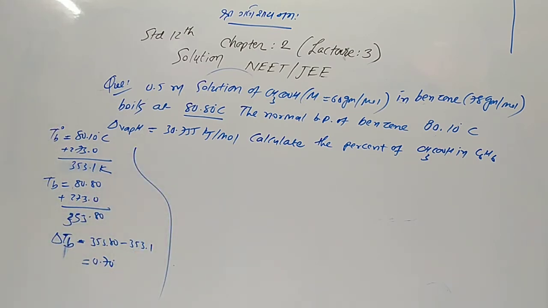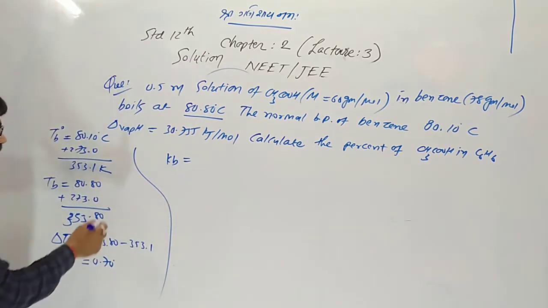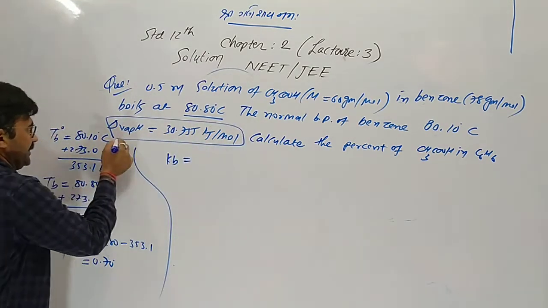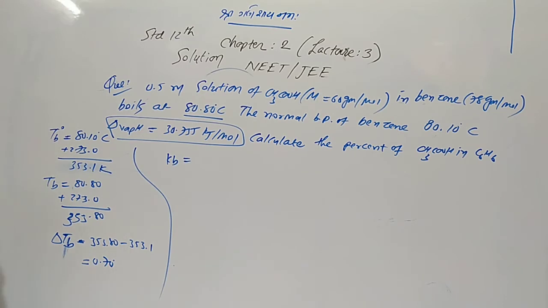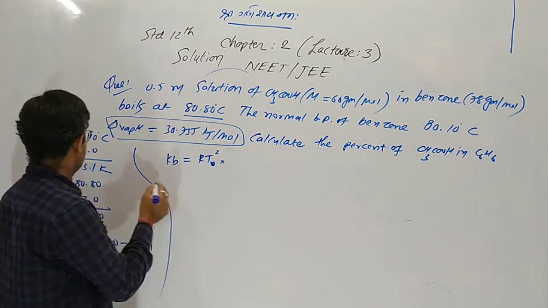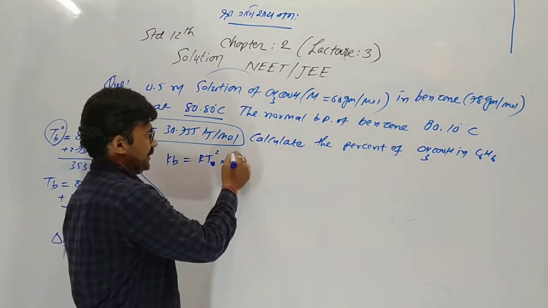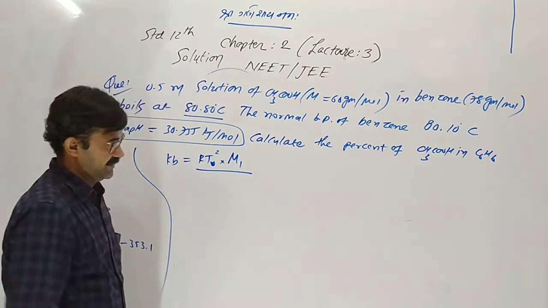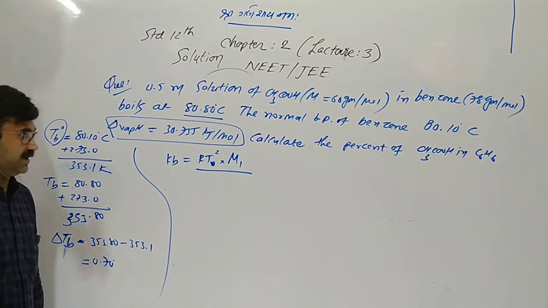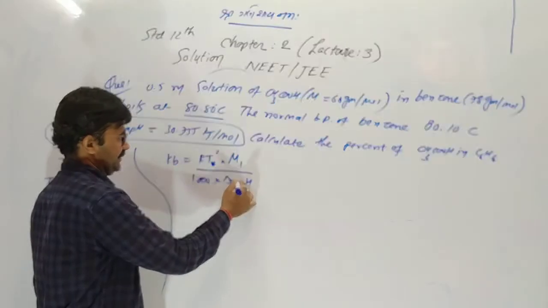In your question, Kb is not given, so there is a formula in our book. Here we are going to use the vaporization enthalpy. The formula is Kb equals R T0 square into molecular mass of the solvent divided by 1000 into vaporization enthalpy.